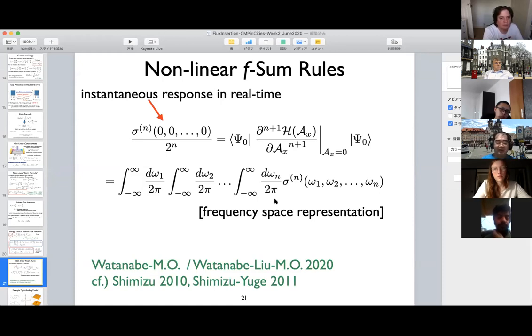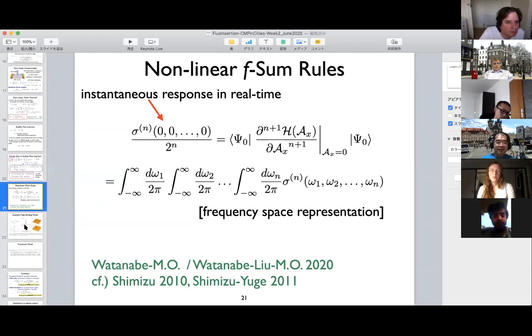Yeah. And actually, there is some discussion by Shimizu around 2010, 2011. But we think this is more general. And also, in this way, it has very similar looking form to the Kohn formula, nonlinear generalization of Kohn formula, but they are different quantities, and their physical meanings are different.